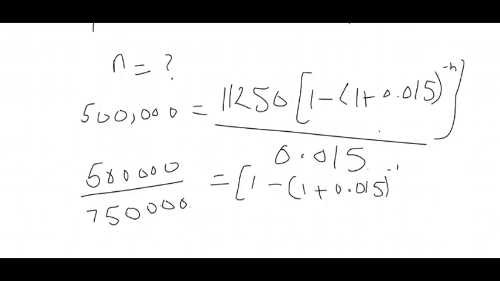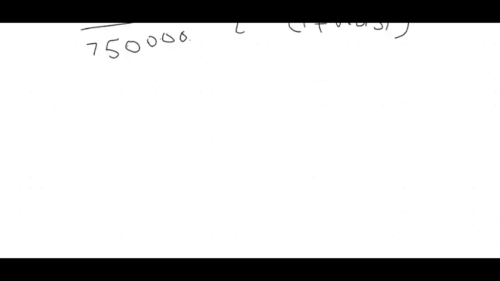So after dividing, we get 2 by 3 equals 1 minus 1.015 power of minus n.